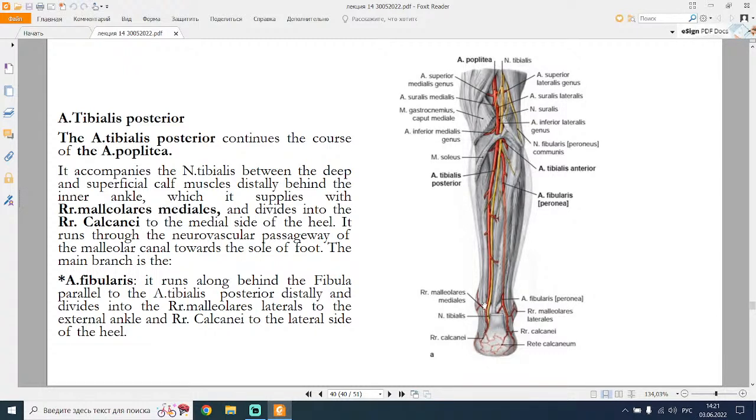It runs through the malleolar canal towards the sole of the foot.